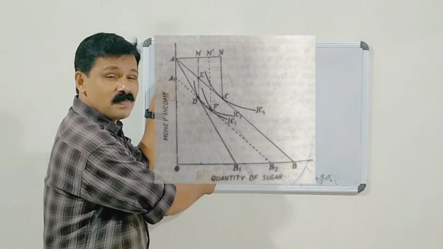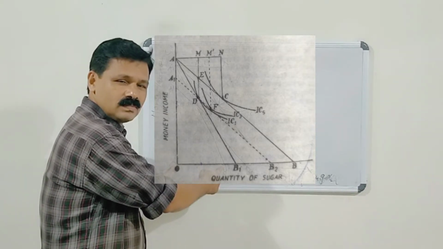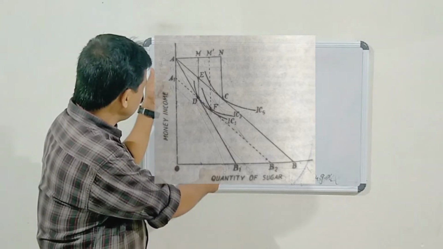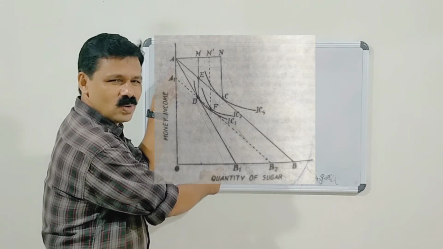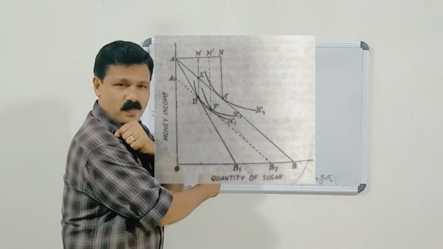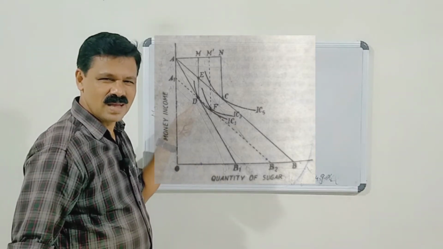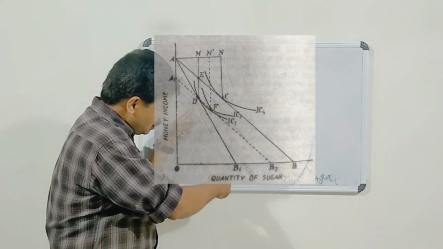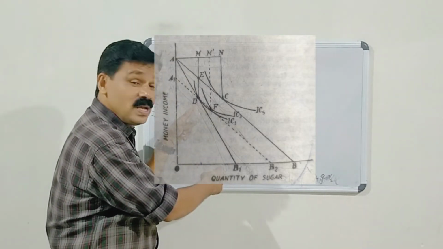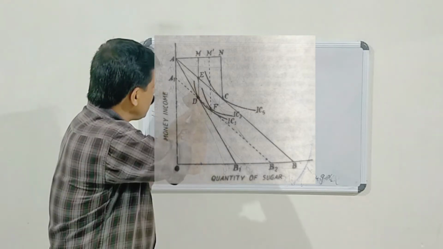Now the consumer can purchase only OB1 quantity of the commodity, say sugar. On this new price line, the consumer has to go to the new equilibrium point indicated by point D, at which the newly created price line AB1 is tangent to an indifference curve IC1.